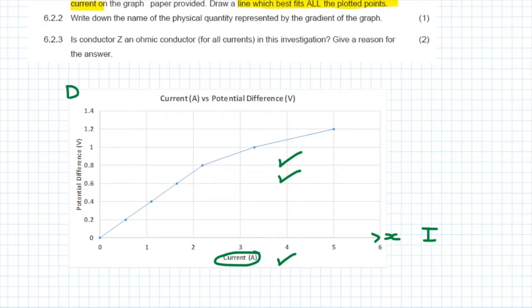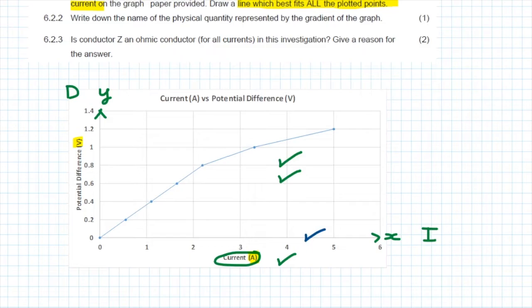The potential difference should be on the y-axis. So for writing down current in amperes and potential difference in volts, on the correct set of axes, give yourself 1 mark. And for using a suitable scale for each axis, give yourself the 4th mark.